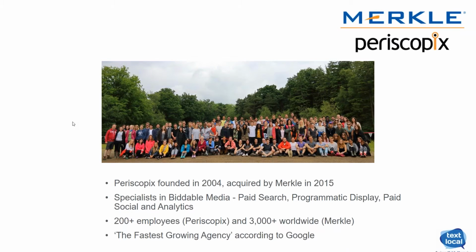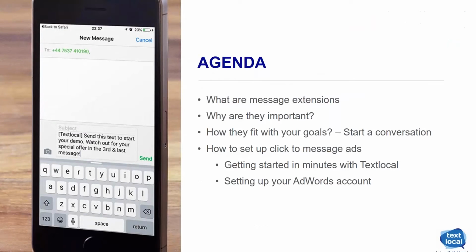Great, and today we're going to talk about message extensions. You may or may not know what Google AdWords message extensions are, but hopefully we'll be able to explain that. We're certainly going to explain why they're important and why Google think that including SMS is important for AdWords. We'll also look at how they fit with your goals, how you can start conversations, and how you can create sales and generate bookings from message extensions.